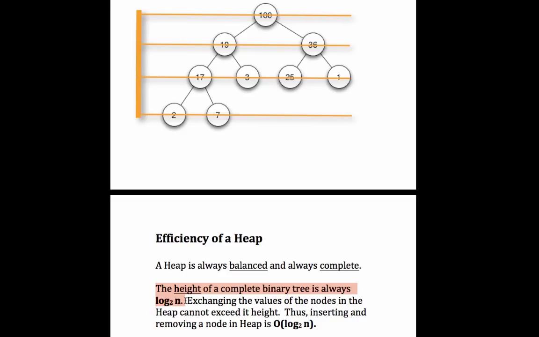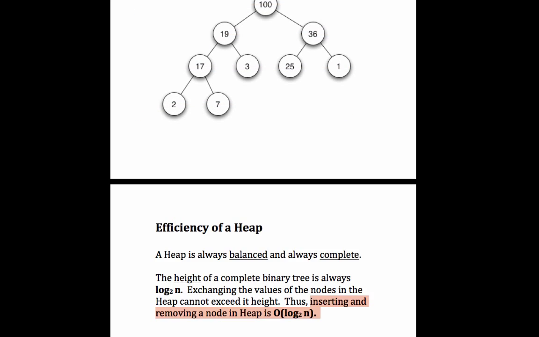So if I have 10,000 nodes, I figure out what the log base 2 of 10,000 is, and that will tell me the maximum height of the tree, which is guaranteed to be a very compact tree. What that means is that all the operations to insert and delete a node into a heap are going to be of the order of magnitude log base 2 of n. And we know from previous videos that log base 2 of n is pretty efficient.